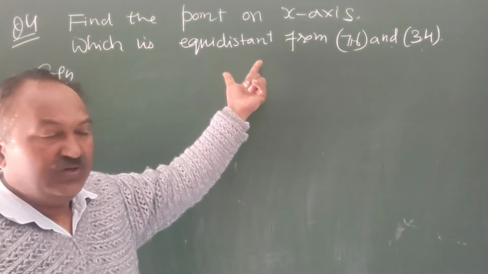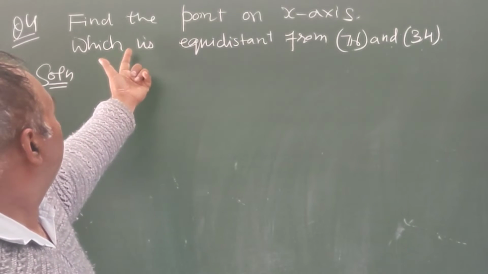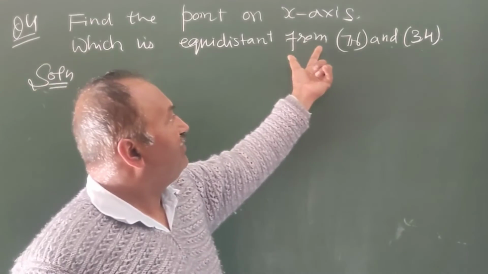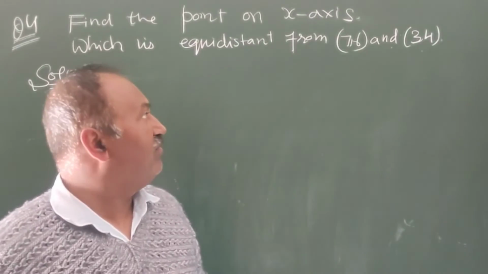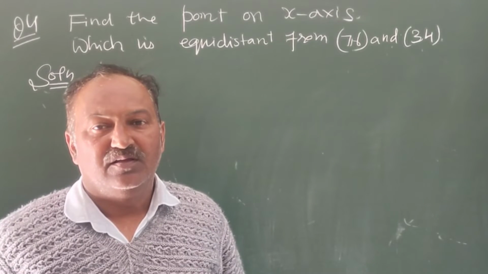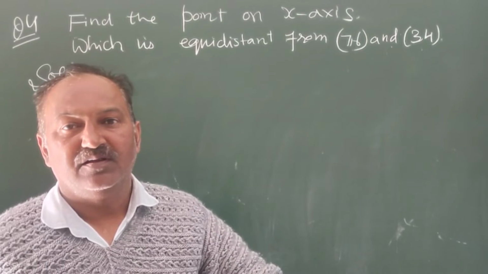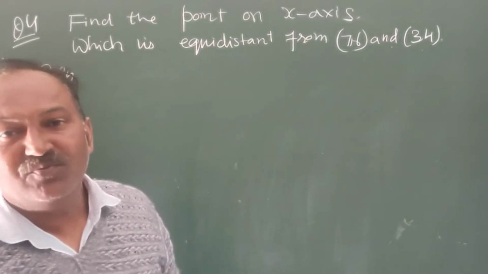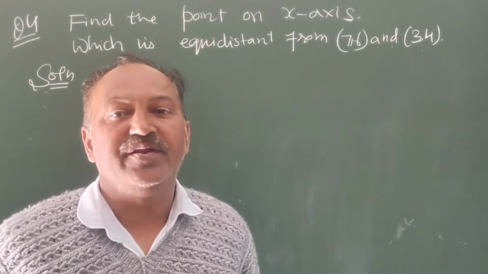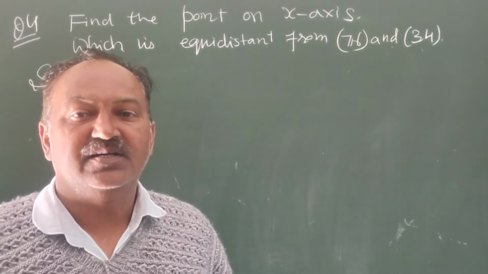Our question number 4. Find the point on x-axis which is equidistant from the points (7, 6) and (3, 4). Equidistant means at equal distance, and if the point is on the x-axis, then the value of the y-coordinate, that is also called ordinate, must be 0.